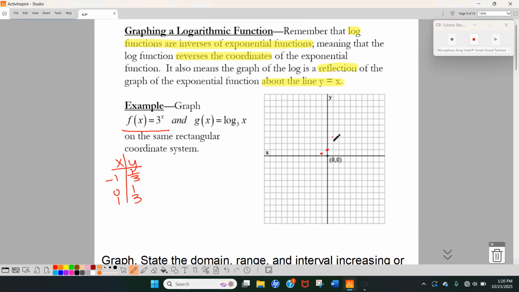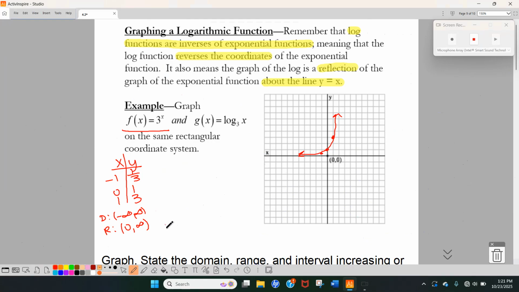These guys hug the x-axis and either shoot way up or down on the y. So it would have a domain of all real numbers and a range of start real close to 0, but don't be 0 to infinity. And this particular one is always increasing.